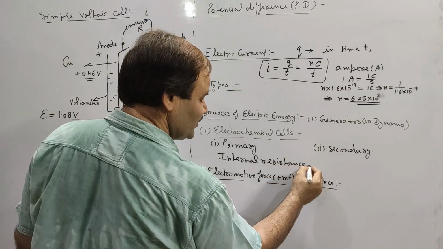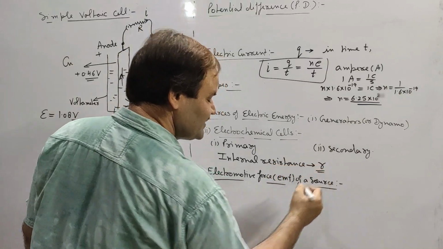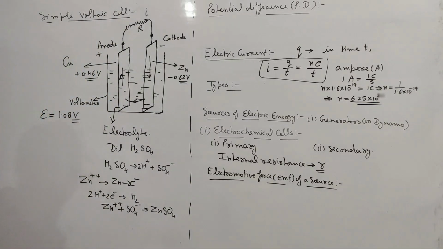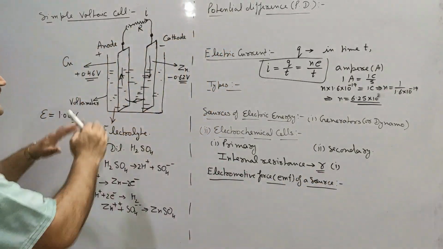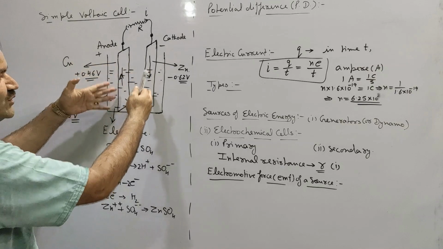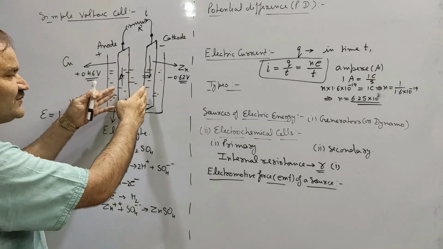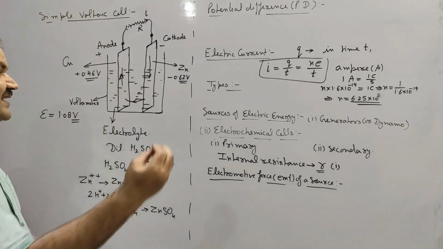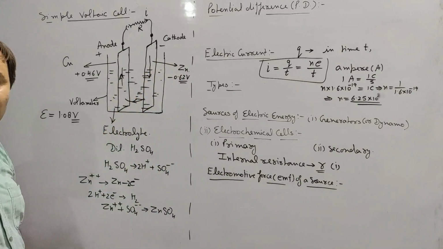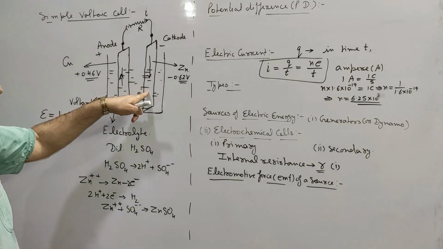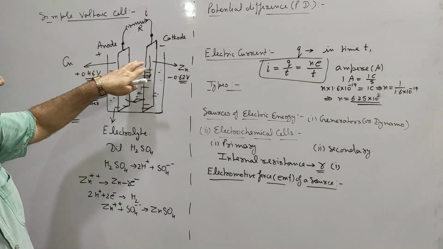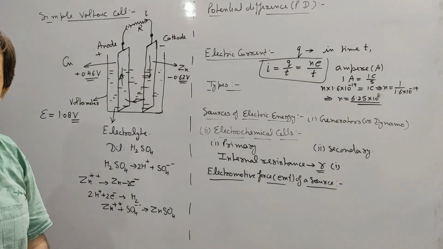If we come to the factors on which internal resistance of a cell depends, first is the surface area of electrodes. Electrodes means these plates. If the surface area of these plates is more, then more ions per unit time will be able to neutralize on these electrodes, which means the cell will be able to provide more current to the external circuit.